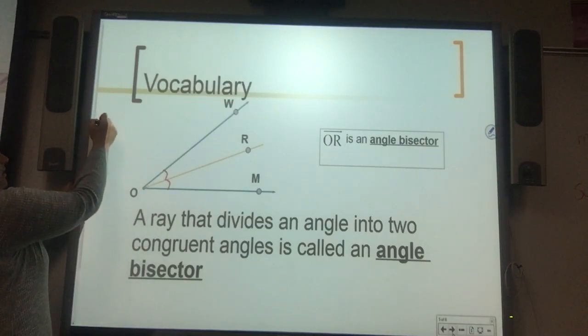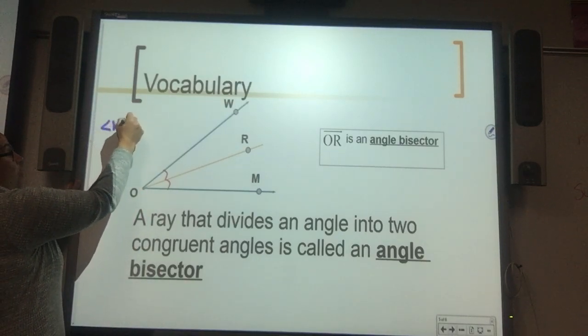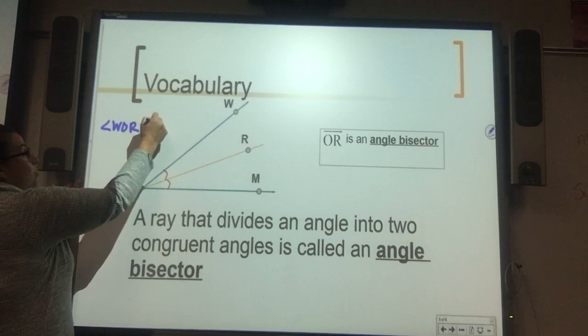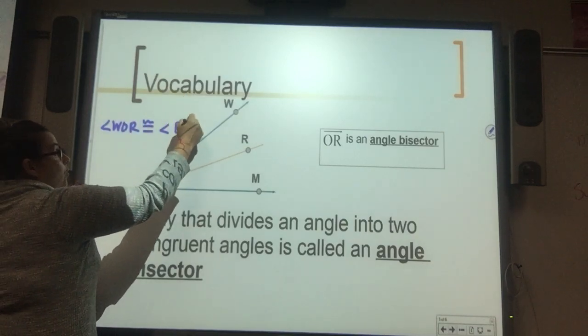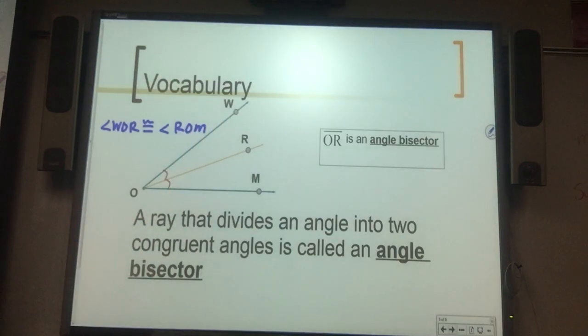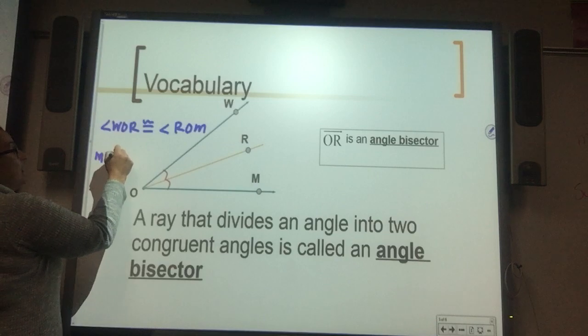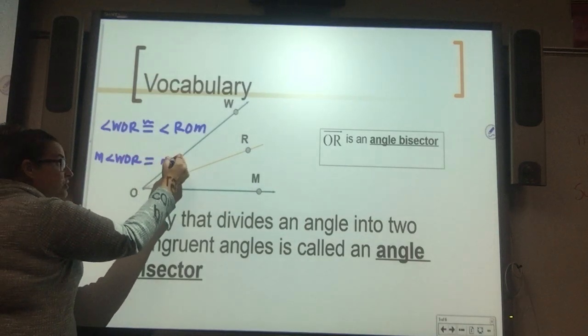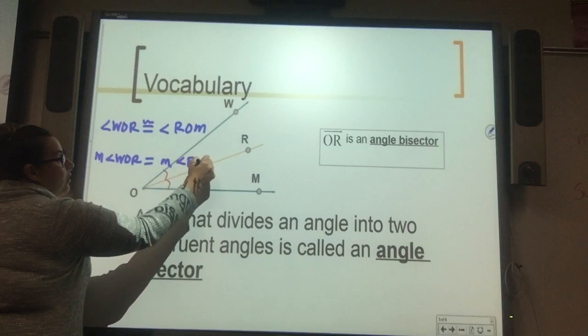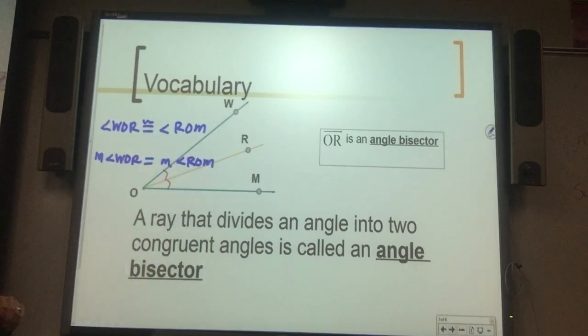So we could say that angle WOR is congruent to angle ROM. Or we say that the measurement of angle WOR is equal to the measurement of angle ROM. Notation matters. How you write it out is important.